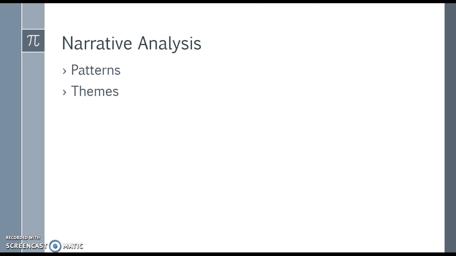Just the facial expressions, perhaps the hesitancy in answering the questions, and then, of course, the responses themselves. Once you've established patterns, then you start to develop themes. And themes really are sort of the reoccurrence of these experiences, the reoccurrence of responses from your participants specifically.